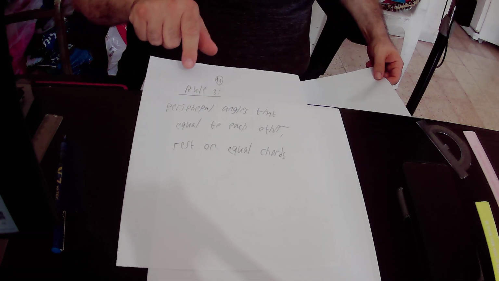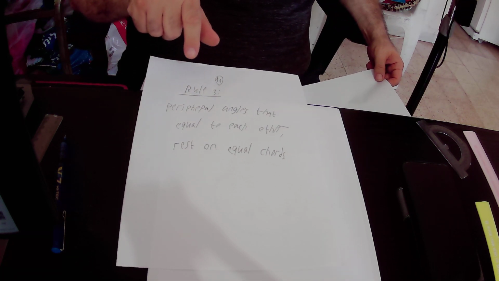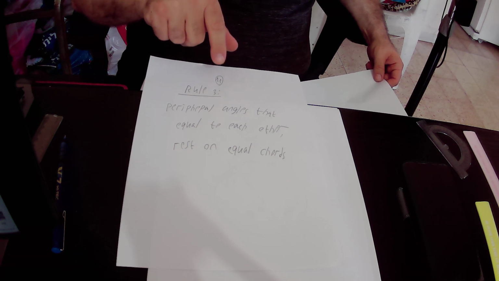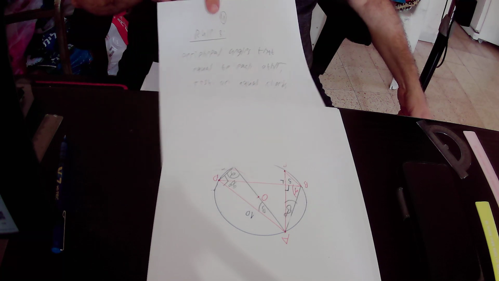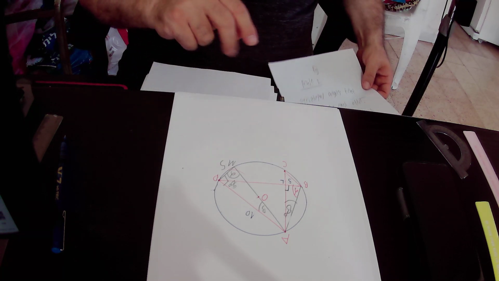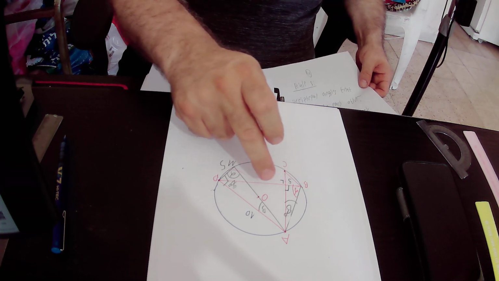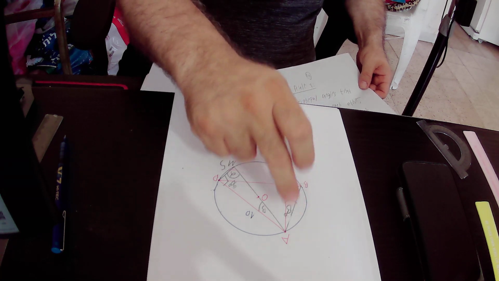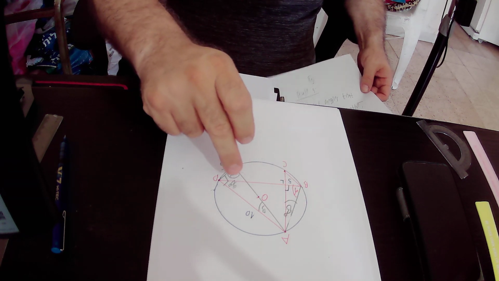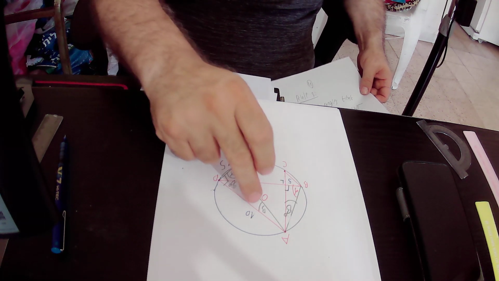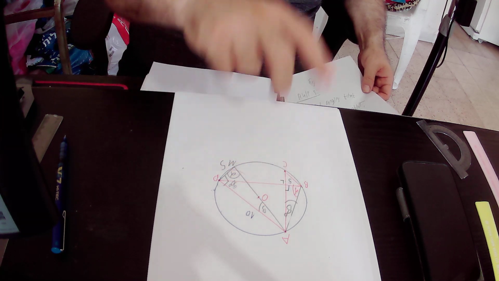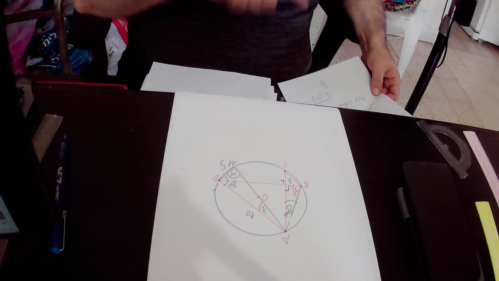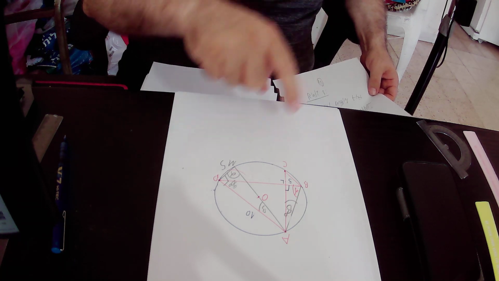Okay, rule number 3 states that peripheral angles that equal each other rest on equal chords. So we actually have two peripheral angles. Angle BAC is beta, and angle AMD is also beta. They are both equal to each other, and according to rule number 3, they rest on equal chords.